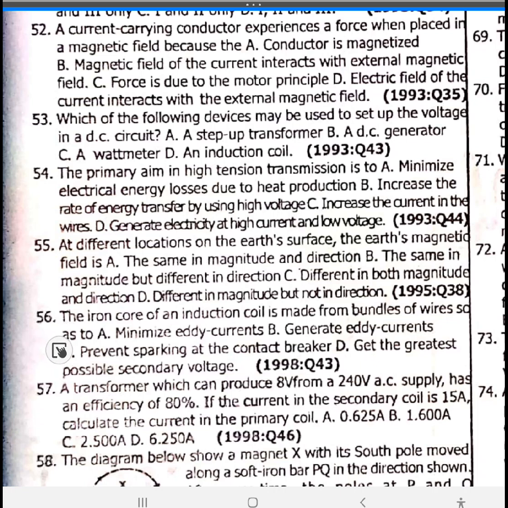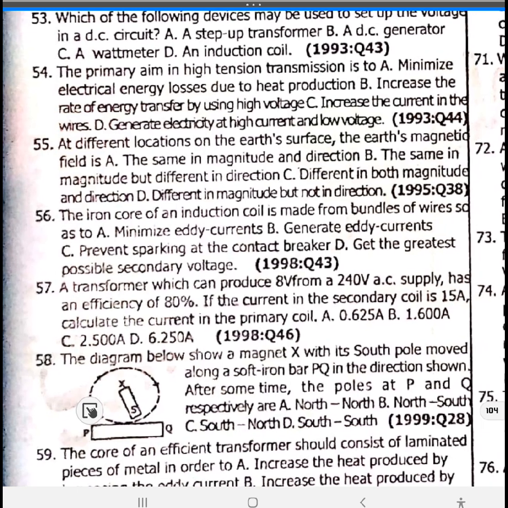56. The iron core of an induction coil is made from bundles of iron wires so as to minimize eddy current. 57. This one has to do with calculation. 58.